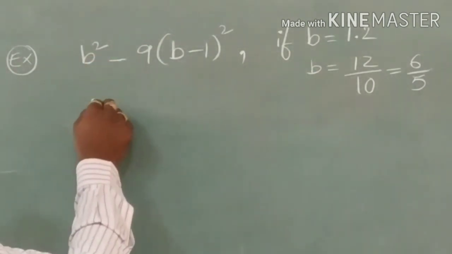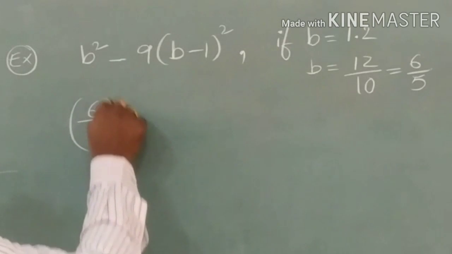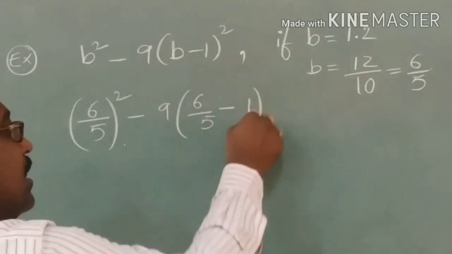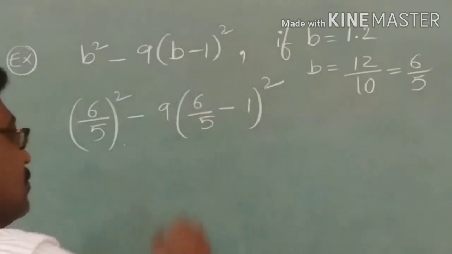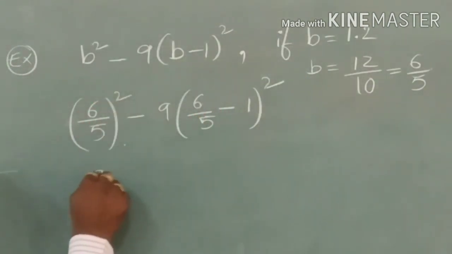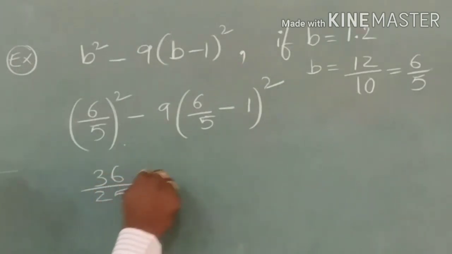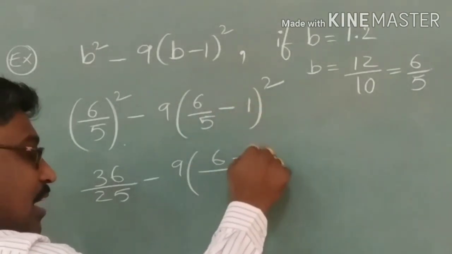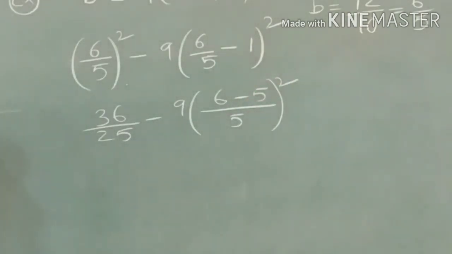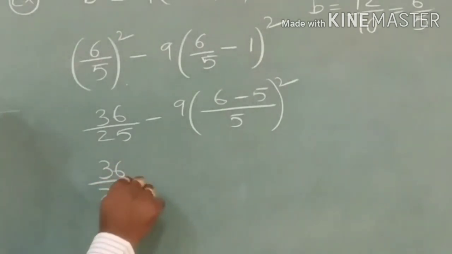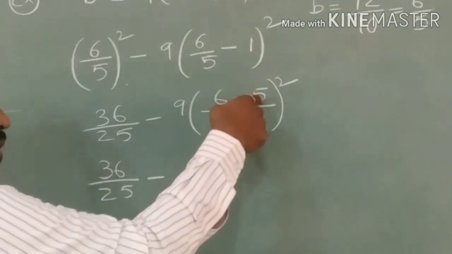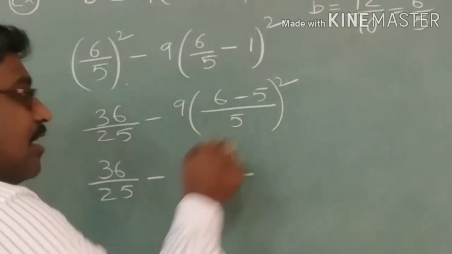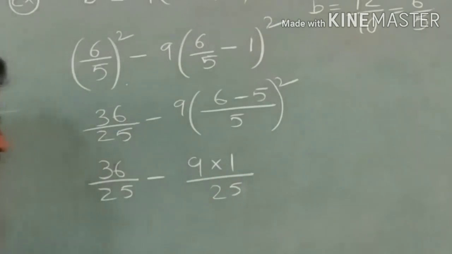I will substitute here: 6 by 5 whole square, minus 9 into 6 by 5 minus 1 whole square. 6 square is 36 by 25, 9 into, LCM 5, 5 ones are 5, whole square. So 36 by 25 minus 6 minus 1, that is 1 by 5 square, 25.